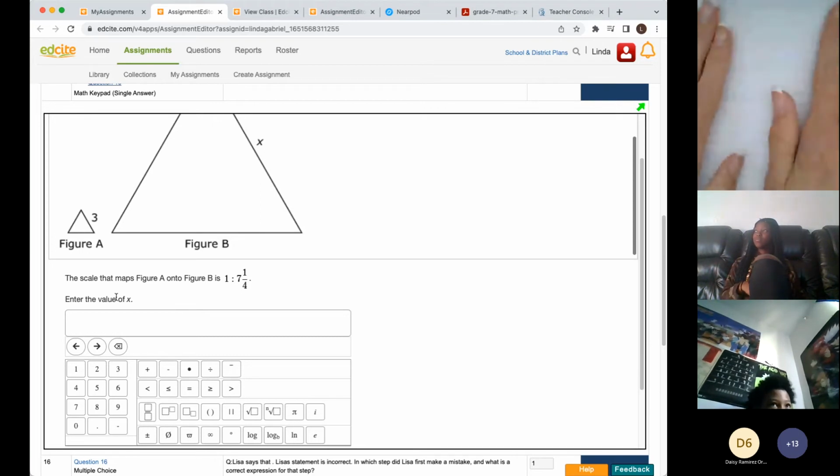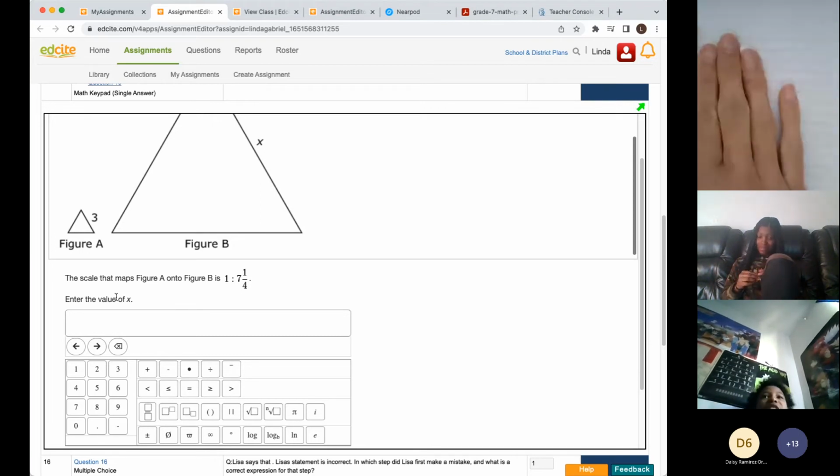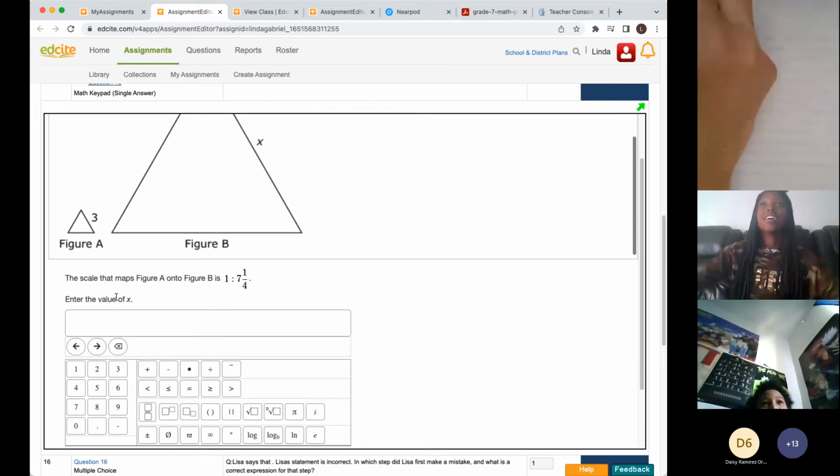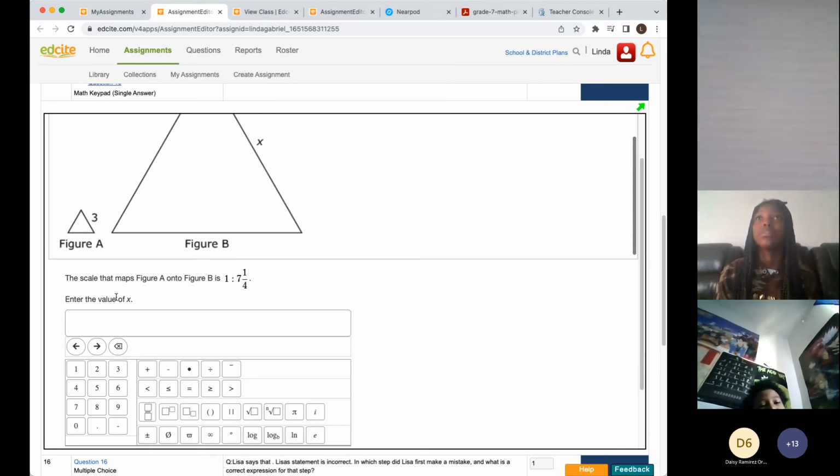We have 2 triangles. Figure A has one side that is equal to 3, right?